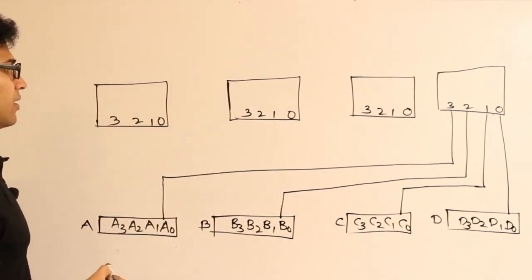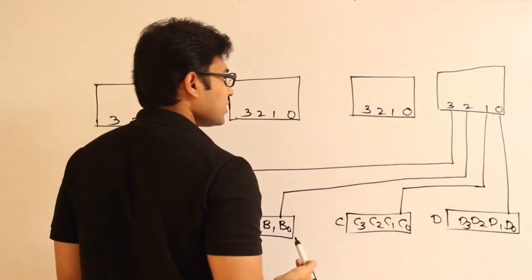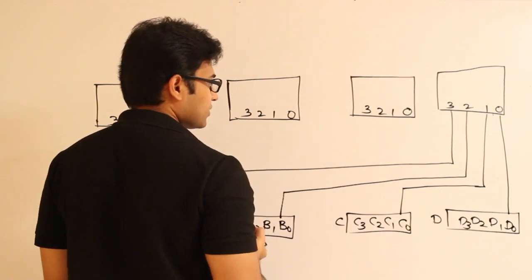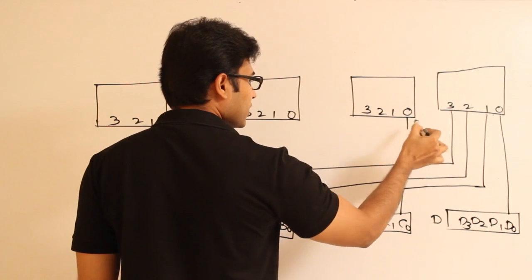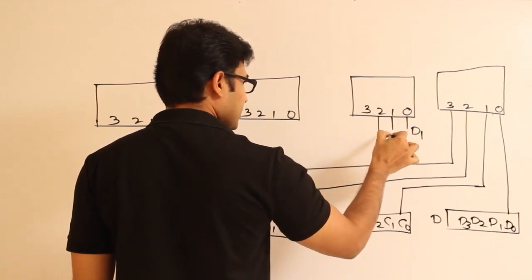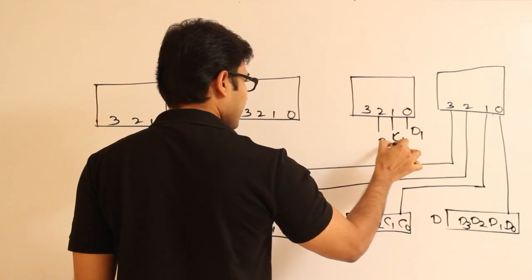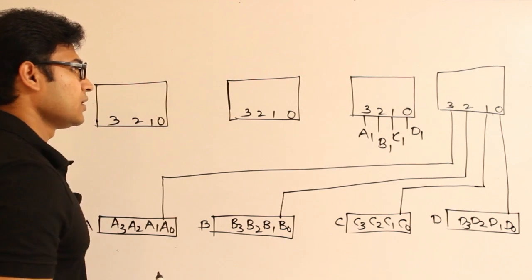Okay, and now I am going to connect the second least significant bit to the second multiplexer in the same way. So this one is going to get D1, this one is going to get C1, this one is going to get B1, and this one is going to get A1. Got it?